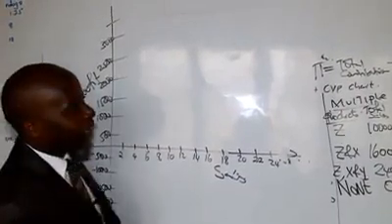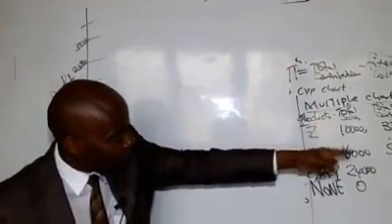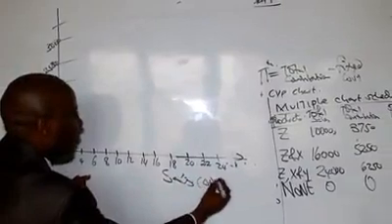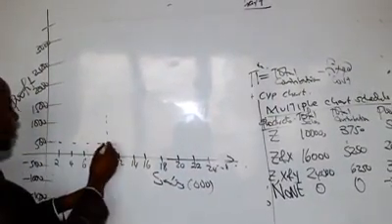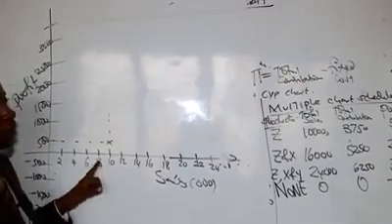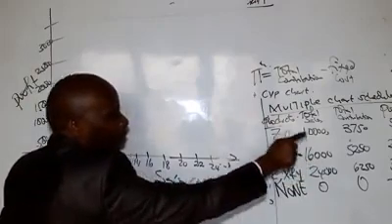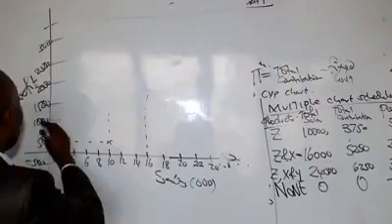Now here we are. The first figure is total sales of 10,000 versus a profit of 500. My figures here are in thousands. So 10,000 is here versus 500 profit. This is the first point. The second point is 16,000 versus a profit of 2,000. So 16 is here versus a profit of 2,000.